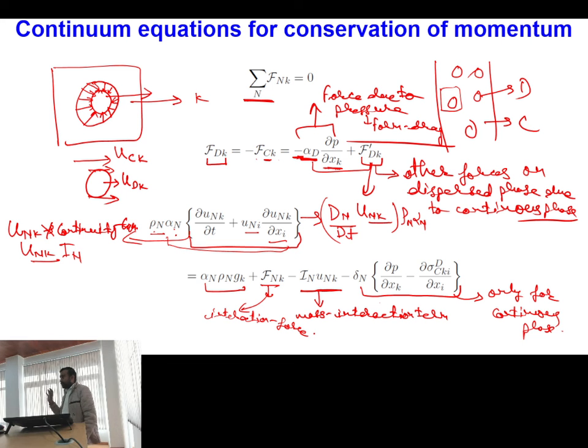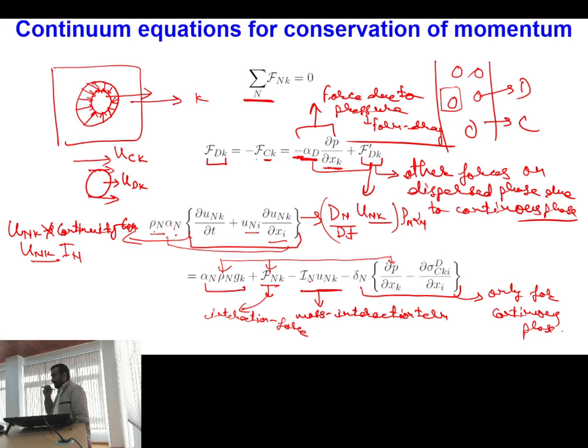If you see these three things, they are coupled to each other. This is equal to the total force, but on the right hand side one more additional term is coming, which is contributed because of the left hand side.